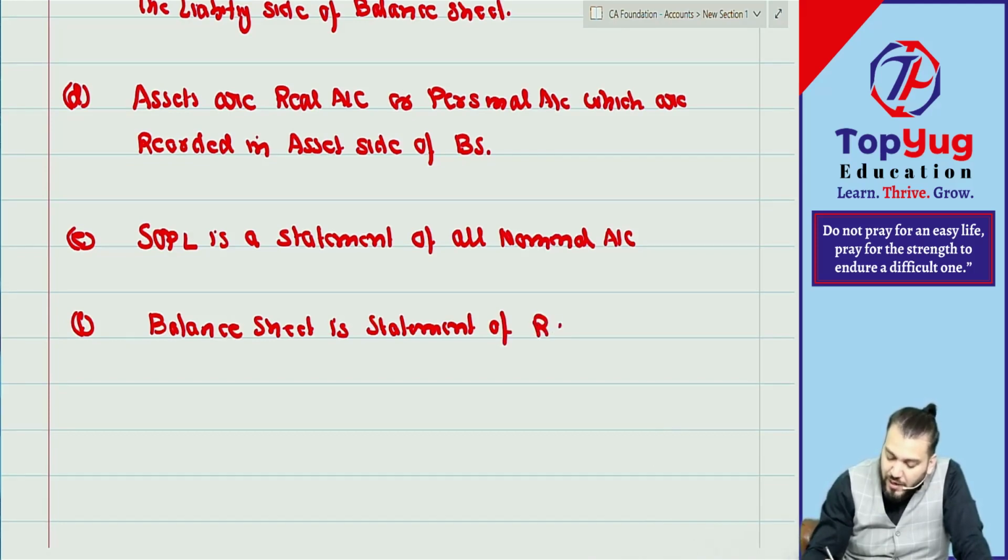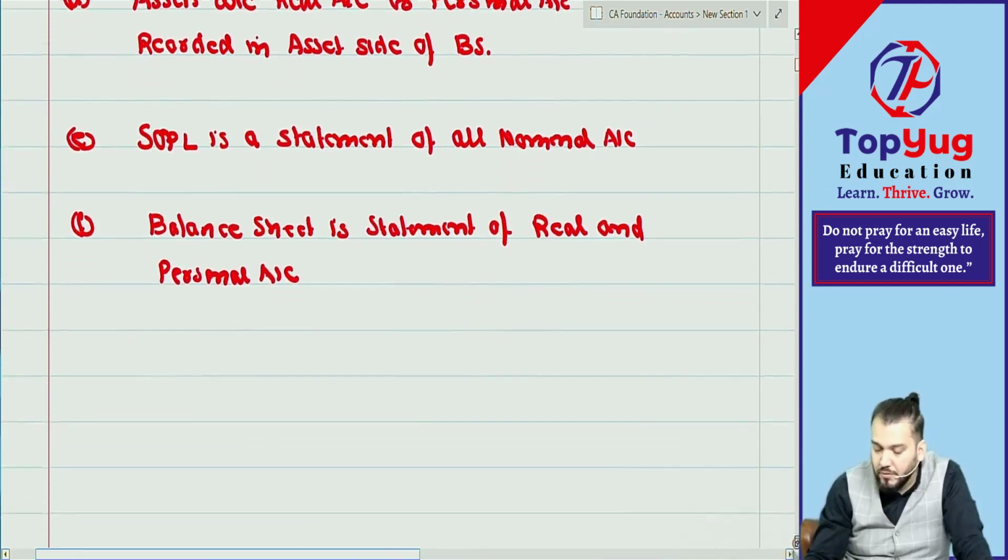Statement of real and personal account. Correct? Understood?